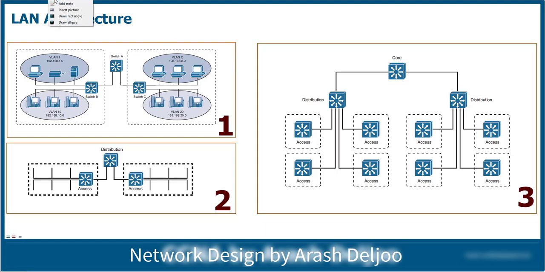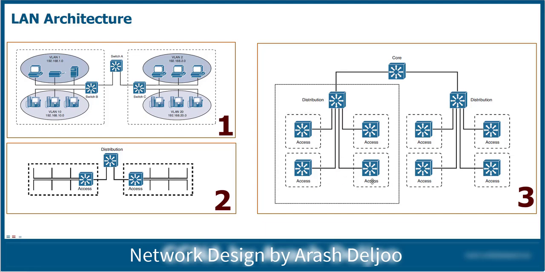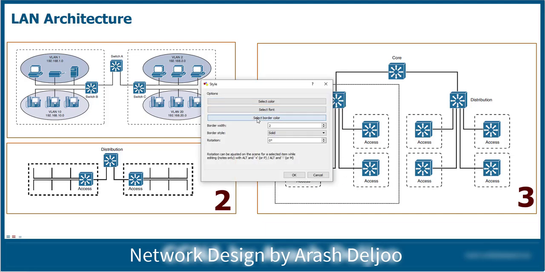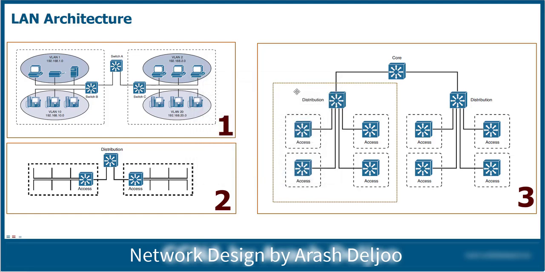Let me give you one real example. Assume that here we have a building. This is building 1. In building 1 we are using, for example, one distribution layer switch and also multiple access layer switches. Also, in a nearby place, we have another building.